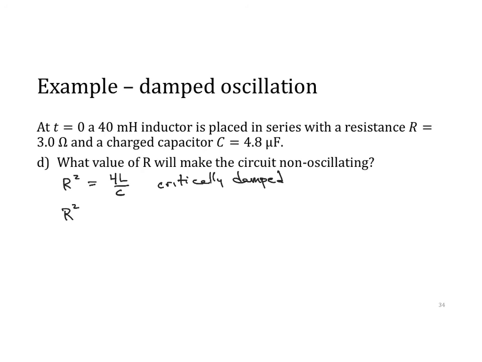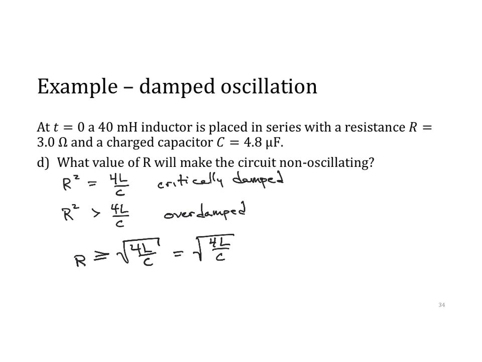And even overdamped would be non-oscillating, right? That would definitely be non-oscillating. So we basically want to find the regions where R either equals the square root of 4L over C, or R is greater than the square root of 4L over C.